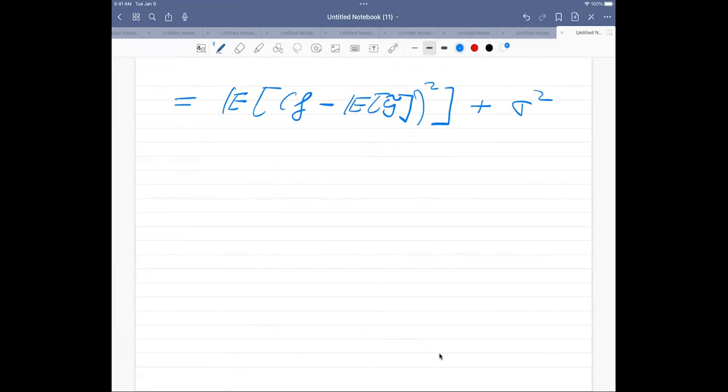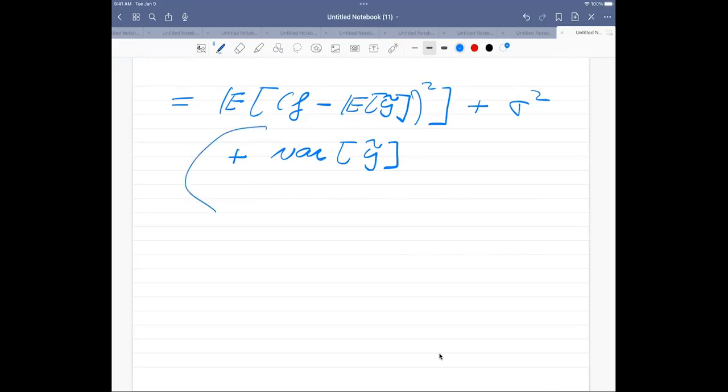So this is very dependent on the noise. And plus the variance of the model itself. So this means how much your predictions vary internally. Okay? Now, these things have different names. And you will see now immediately why this is called the bias.